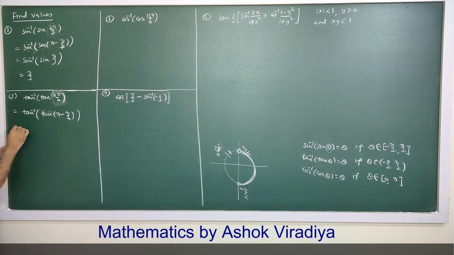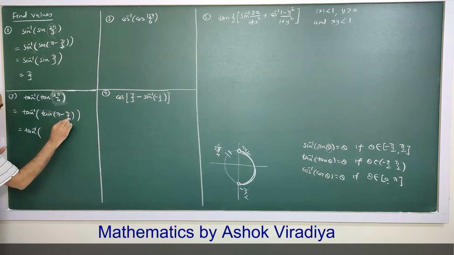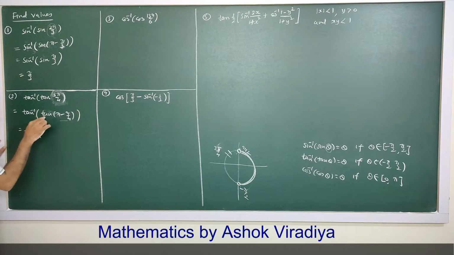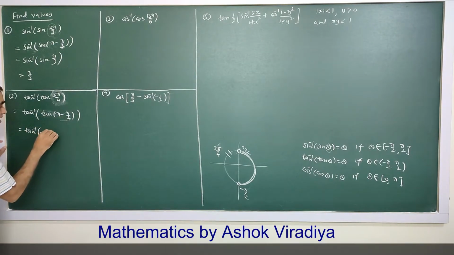Then this will be tan pi minus theta, second quadrant. In the second quadrant tan is negative, so tan pi minus theta is minus tan theta.